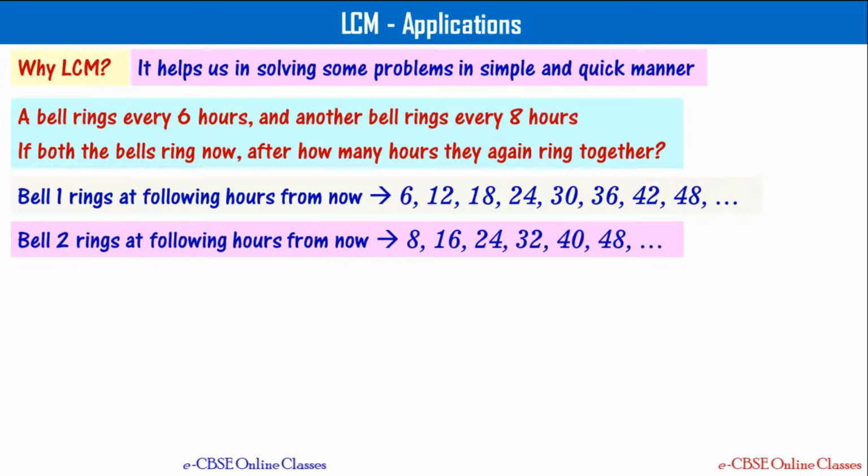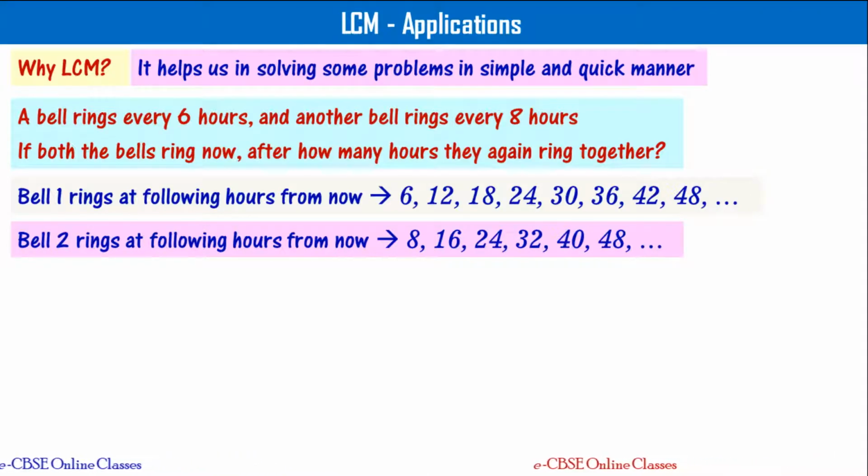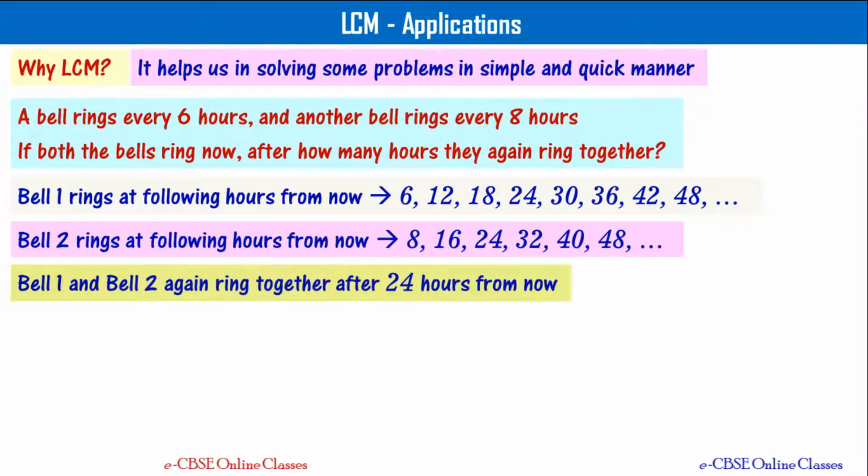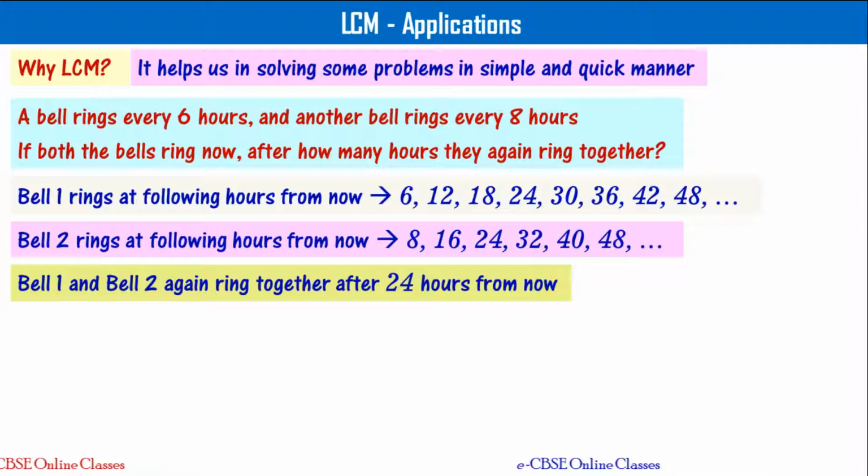When you take a look at these two, 24 occurs commonly in both lists and appears for the first time, right? So bell 1 and bell 2 ring together again after 24 hours from now, right?